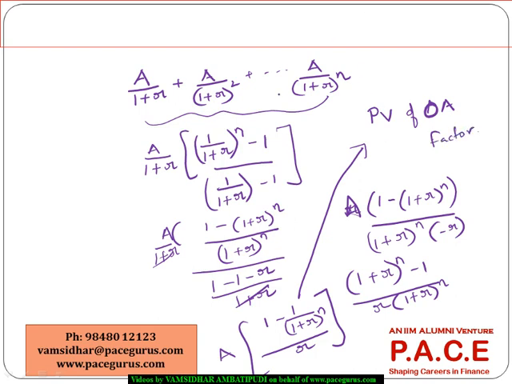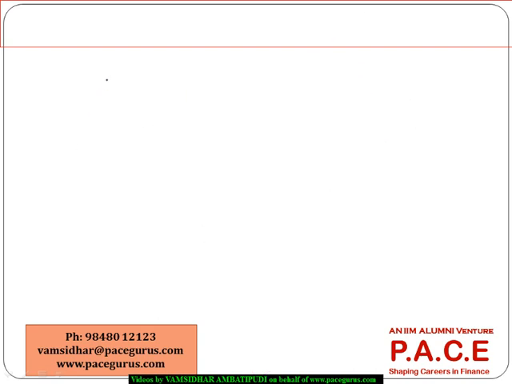But with the same logic, if I go with an annuity due, I am going to get A now, so the present value is just A itself. I am going to get A after 1 year. Like that, I am going to get my 10th payment just after 9 years.